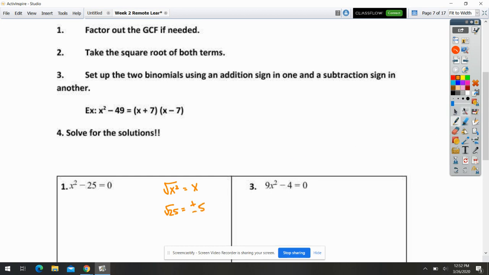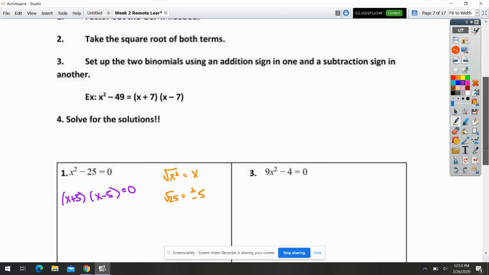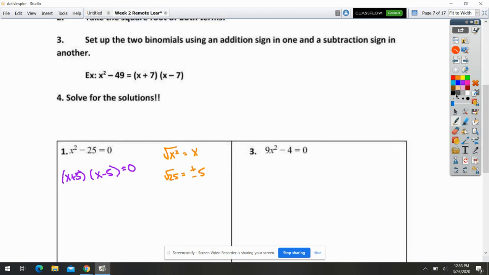Okay, with that being said, we're going to move to step 3, which is to set up the two binomials using an addition in one and subtraction in the other. So x squared minus 25 is going to become x plus 5 times x minus 5. And we're going to keep that equal to 0 because we're solving for the solutions. And now you know how to solve for the solutions by now.